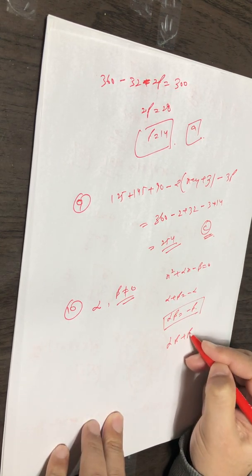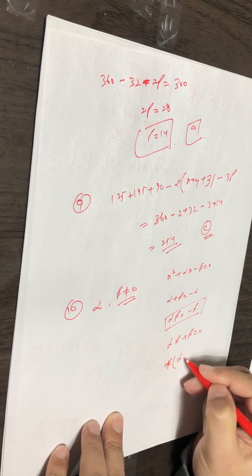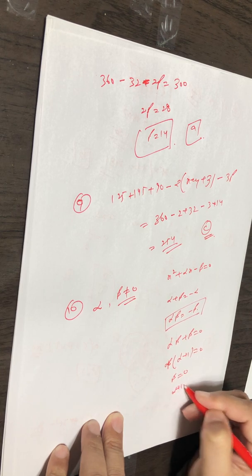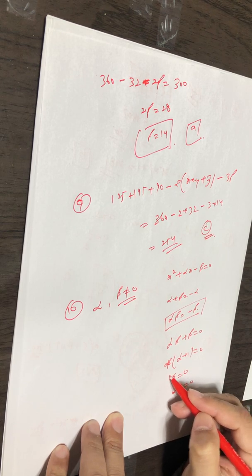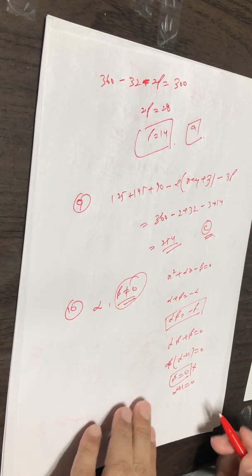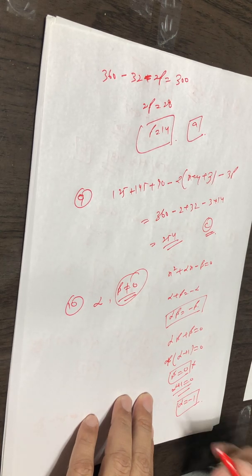Alpha beta plus beta is equal to 0. Beta will be common, so this is beta times alpha plus 1 is equal to 0. Either beta is equal to 0 or alpha plus 1 is equal to 0. But we know that beta cannot be equal to 0 because it is given. This condition will not hold, so we can clearly see that alpha is equal to minus 1.